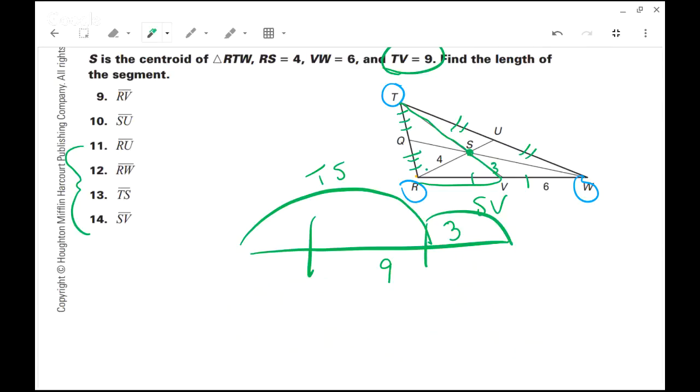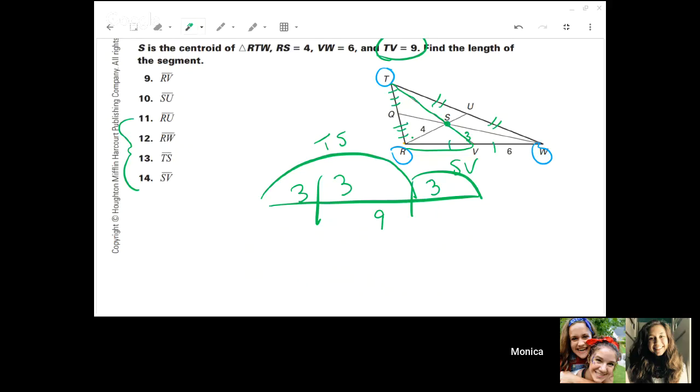And we know this part TS is 2 of those parts, or 6. Does that make sense? Yes.